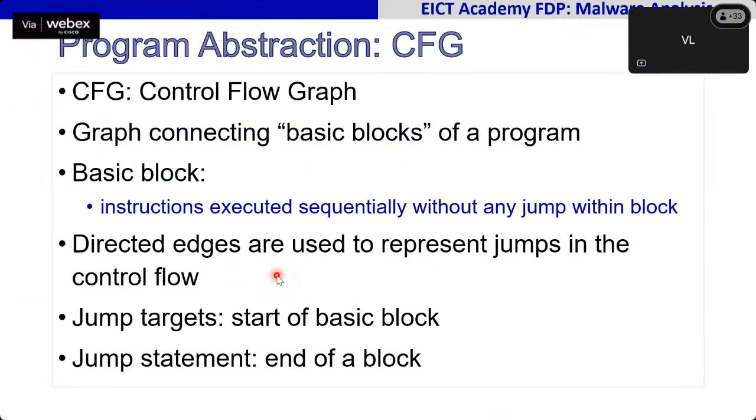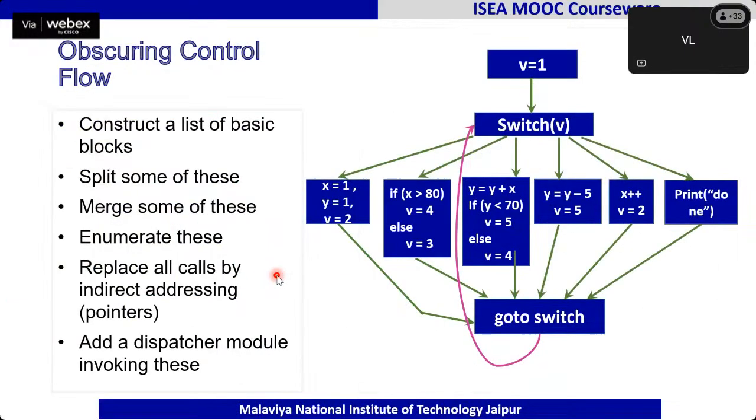Now, how can we obfuscate this program? One way of obfuscating control flow is like this. What we are doing is making use of a variable, which is a kind of state.